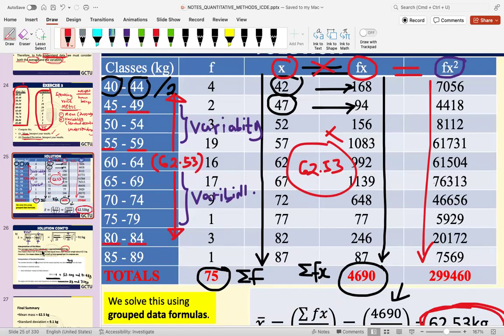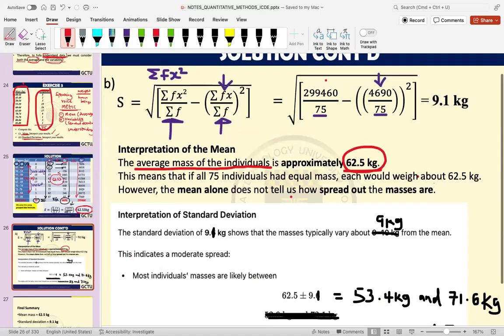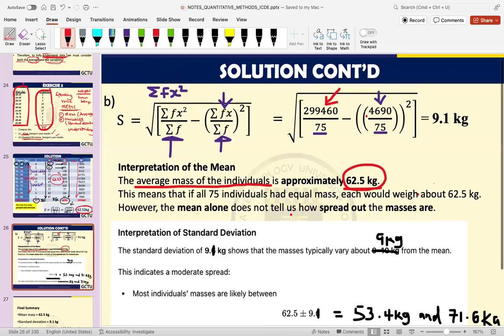After getting it, I went to the formula, and then I came to fix it here, 299,460. After working this one with my calculator, I had 9.1 kilograms, being the variability.